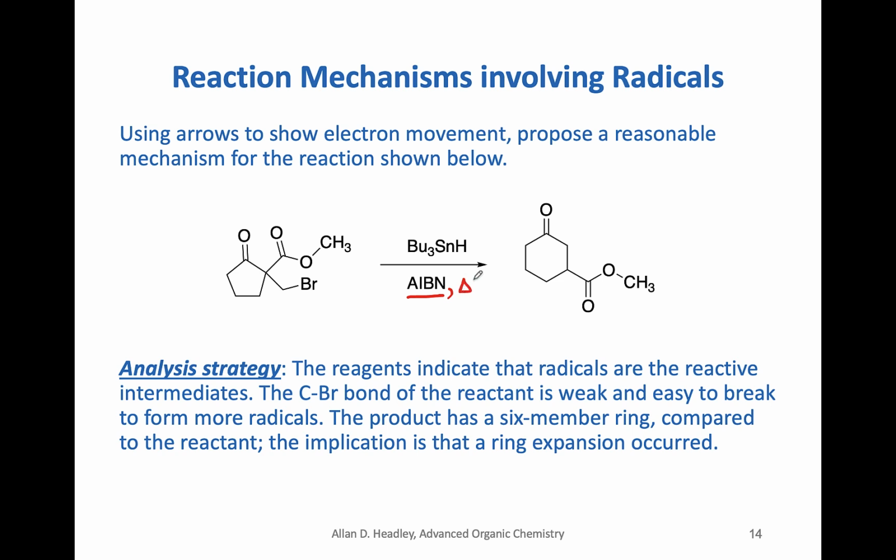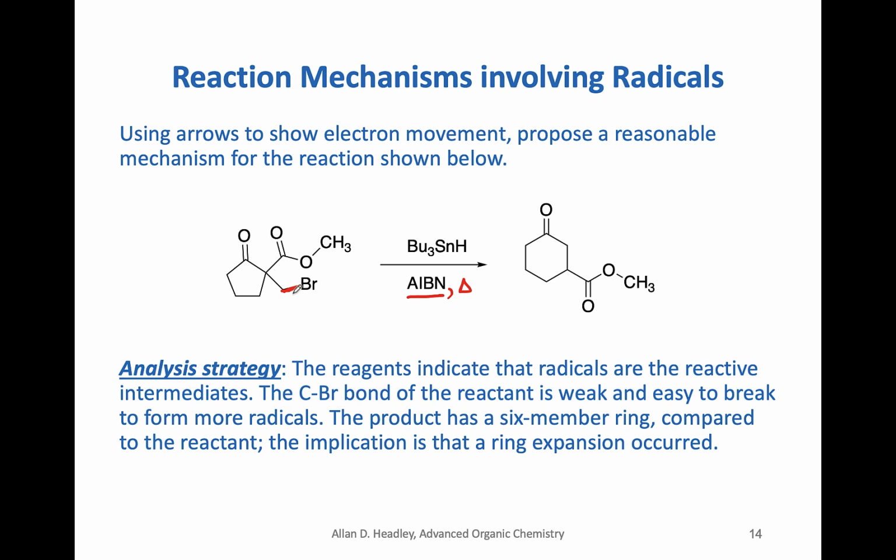Sometimes it happens at room temperature, but to be on the safe side, we typically put heat. So this bond breaks to generate radicals. That's one of the first observations. We can make another observation that this C-Br bond here is a weak bond, and it's possible to break that bond to generate radicals.